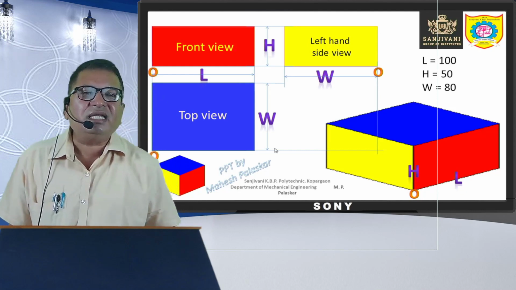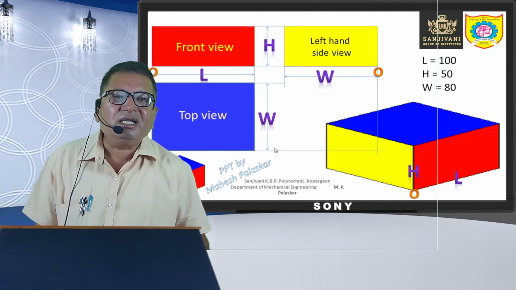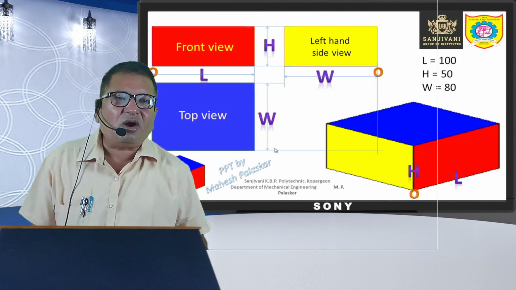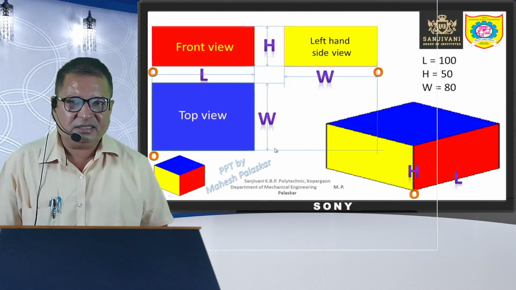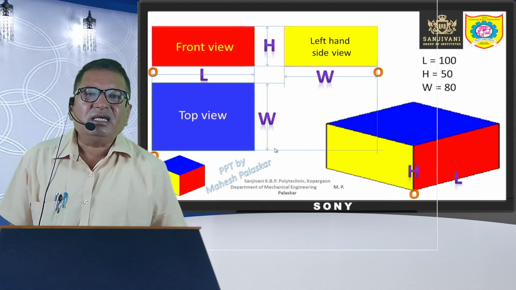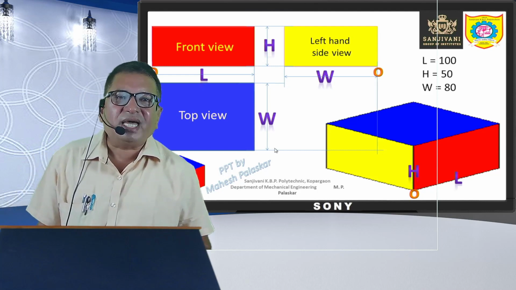Height is drawn vertical, it is kept vertical only. Only thing is that all the dimensions are reduced proportionately. So in this way the isometric drawing is prepared.